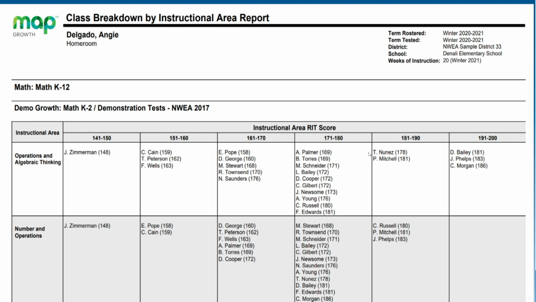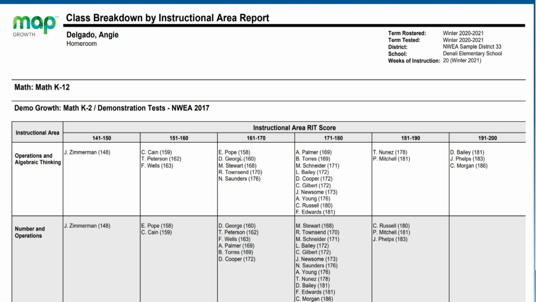By contrast, this student with the last name of Pope, while they're scoring a 158 overall in terms of their math Writ score during this time, they're at a 161 to 170 range in terms of operations and algebraic thinking.